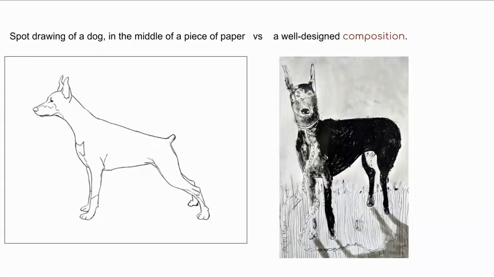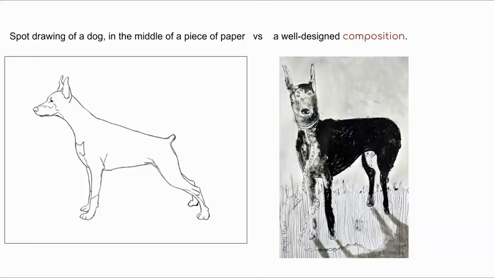Let's look at some examples. The drawing on the left is, I'm calling it a spot illustration, meaning it's just a drawing of a dog in the middle of a piece of paper. Let's pretend that that box is actually the edge of the sketchbook paper. Compare that to the composition on the right. I call that artwork an actual composition because we see that there's more visual elements than just the dog.